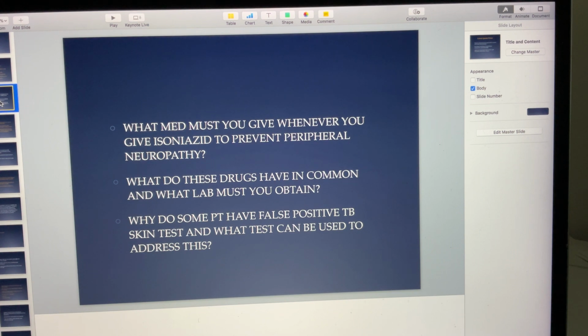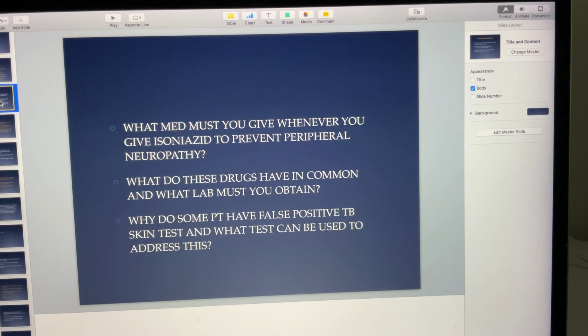All right, next question. What medication must you give whenever you give isoniazid to prevent peripheral neuropathy? What do these drugs have in common, and what lab must you obtain? Why do some patients have a false positive TB skin test, and what test can be used to address this? This is a very critical question.